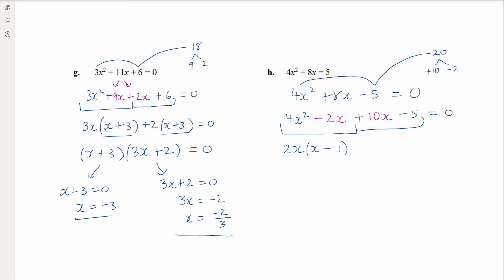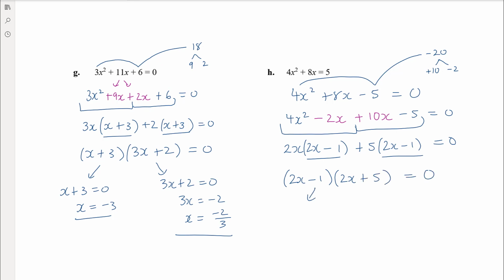Sorry, that shouldn't be x minus 1, it should be 2x minus 1. In the second two terms, common factor is 5, leaving me with 2x minus 1. Good, so my two brackets are the same. That's the common factor. Take out 2x minus 1 as a common factor, leaves me with 2x plus 5.